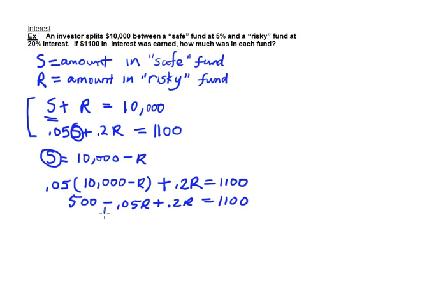And combining the like terms, 0.2R minus 0.05R, we can think of that as 20 minus 5, gives us 15 hundredths or 0.15R. And I'm going to subtract the 500 from both sides, and so this is equal to 600. And finally, solving for R, I divide by 0.15. And I end up then that R is equal to $4,000.